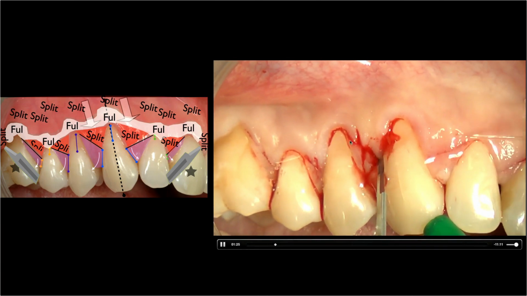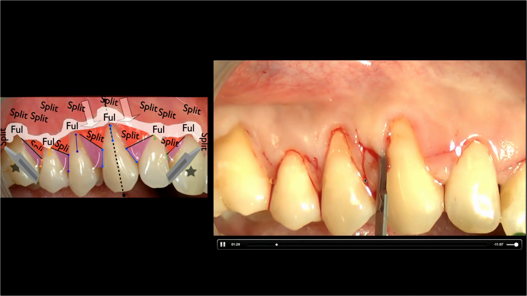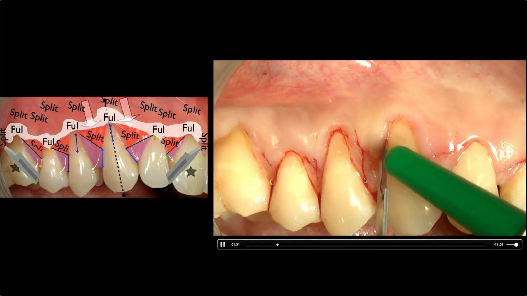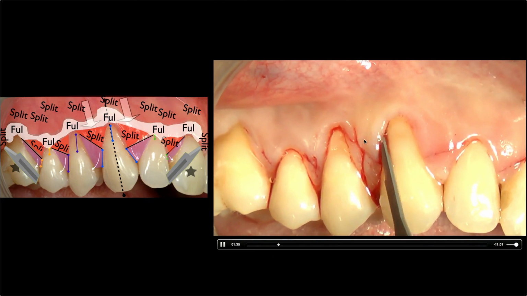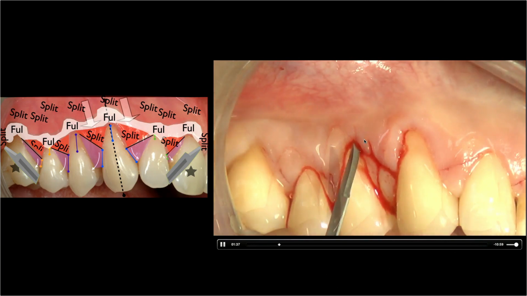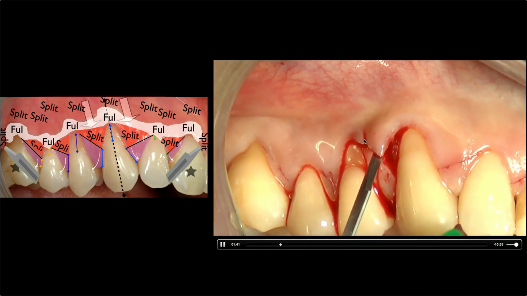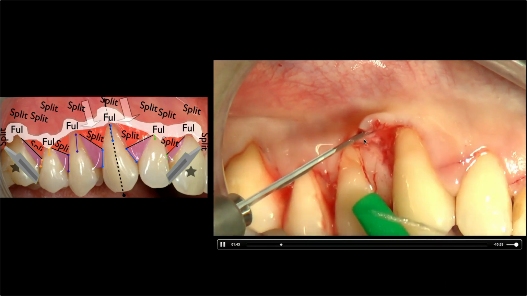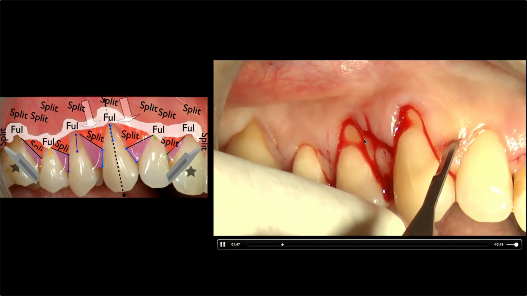When you have these probes at the level of the papilla, and this sometimes happens in patients brushing a lot, this is very dangerous because this is an invagination of the epithelium you have along the papilla. And so if you are too thin in elevating the papilla, this is only epithelium, and you are going to lose the papilla during the surgery.